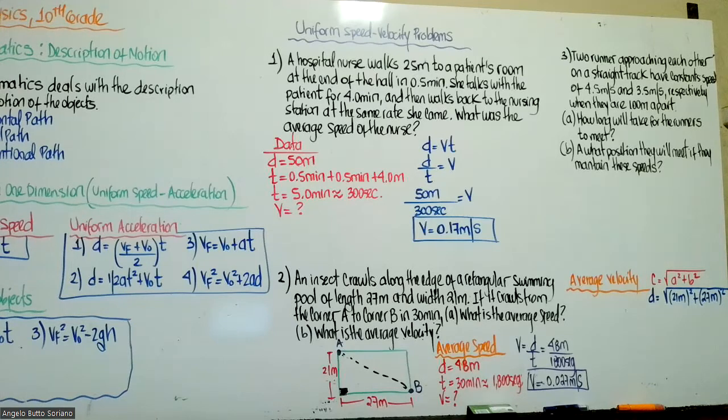So let's see what happened. 21 squared plus 27 squared. We take the square root of this, and the answer for the displacement will be 34.21 meters. This is the value of the displacement.